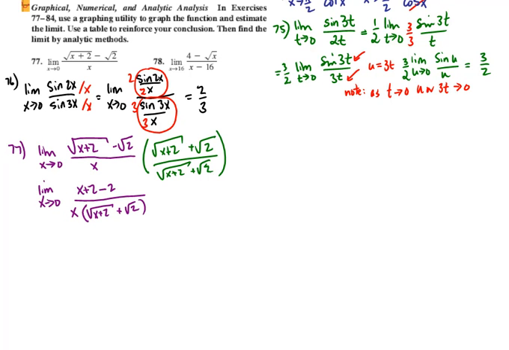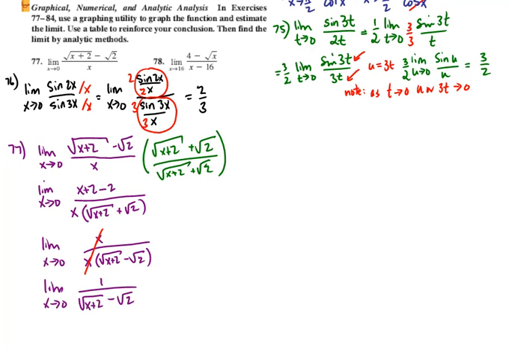We don't want to multiply that out because we're going to see how that's all going to cancel in a few seconds. So we have the limit as x approaches 0 of x over x times the quantity square root of x plus 2 plus square root of 2. The x's will cancel, and we end up with the limit as x approaches 0 of 1 over square root of x plus 2 plus square root of 2.